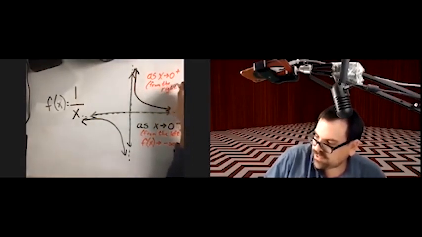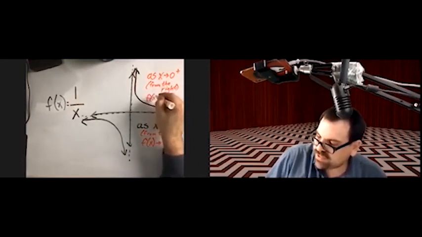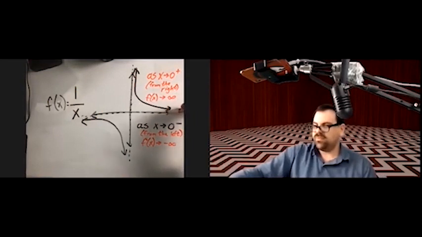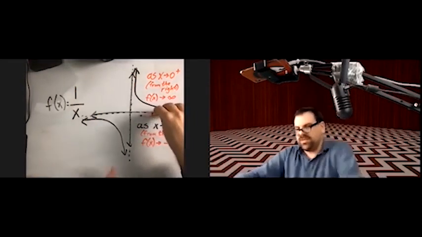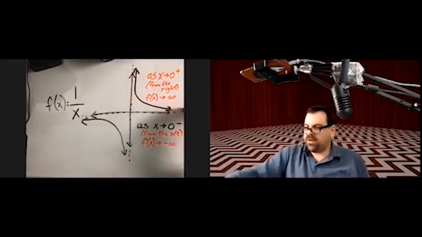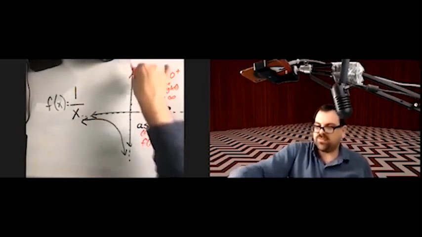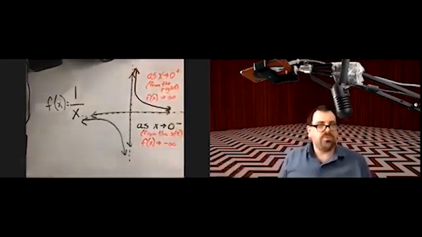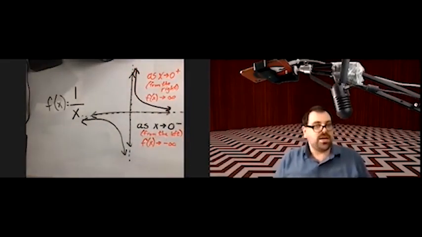From the right, f of x would approach positive infinity. So we approach x equals 0, this dotted line, from the right. What happens to the graph? It's swinging up. The closer we get to 0, the closer the output is going to get to positive infinity.